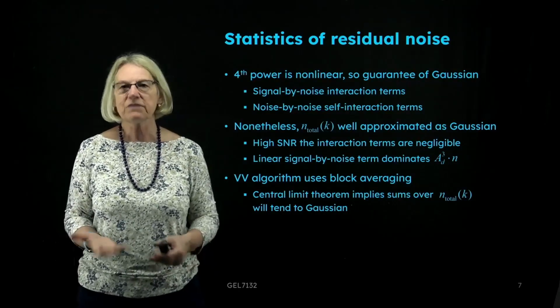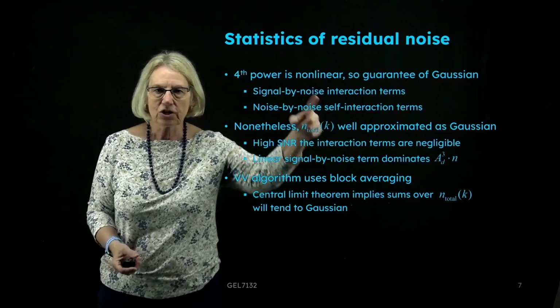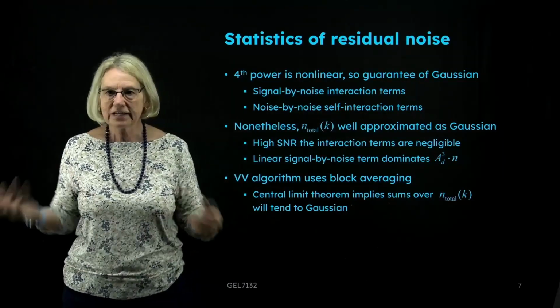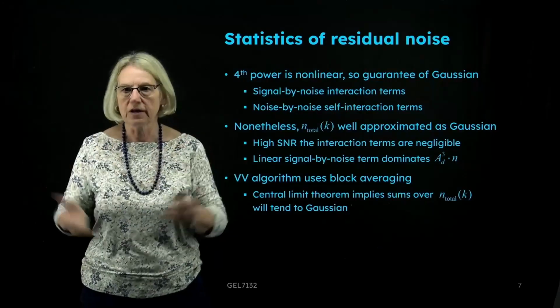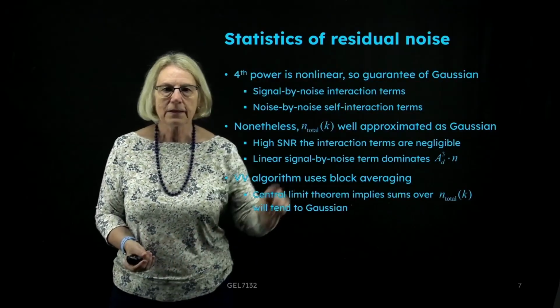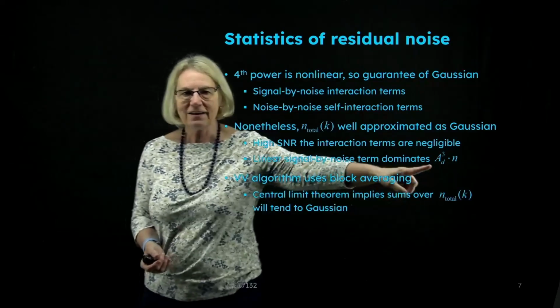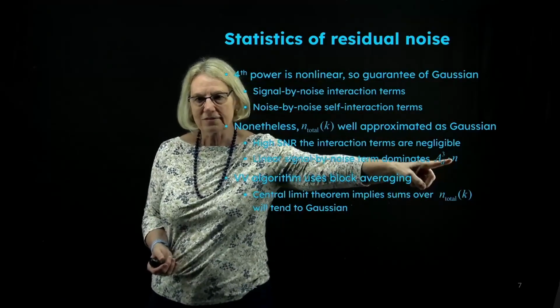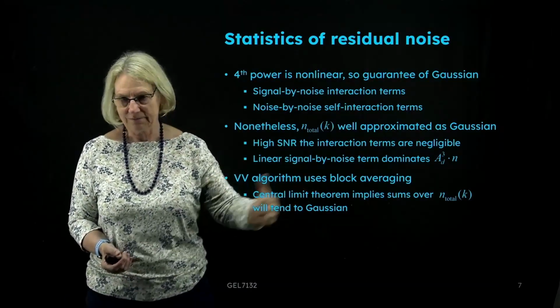First of all, if I'm at reasonably high signal to noise ratio, the interaction terms that I mentioned here are pretty negligible compared to the other terms. So they're not contributing much to the statistics. The linear signal by noise term is what's dominating, and that was additive white Gaussian noise. So that's why, in general, it tends to look Gaussian.